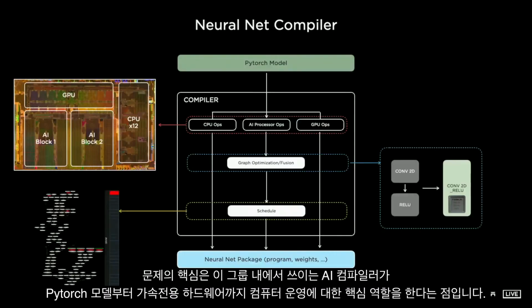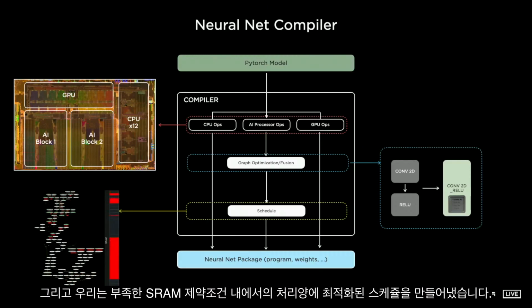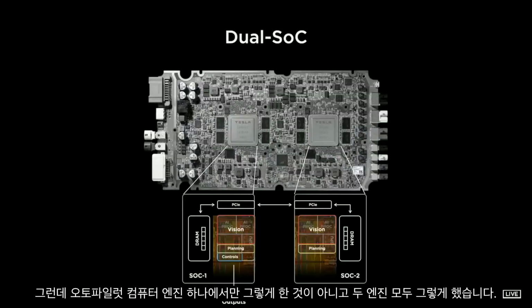The meat of the problem really is around the AI compiler that we write and extend here within the group that essentially maps the compute operations for my PyTorch model to a set of dedicated and accelerated pieces of hardware. And we do that while figuring out a schedule that's optimized for throughput while working under severe SRAM constraints.